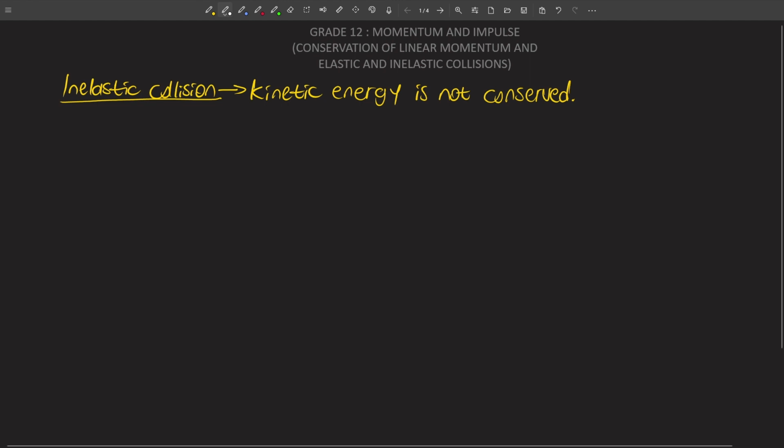And what does this mean? It means that the kinetic energy before collision is not equivalent to the kinetic energy after collision.